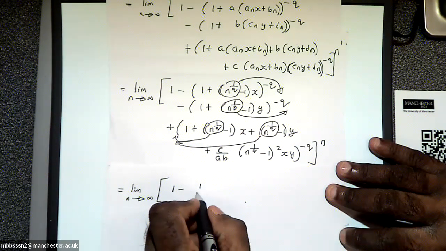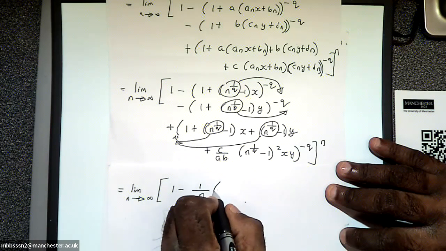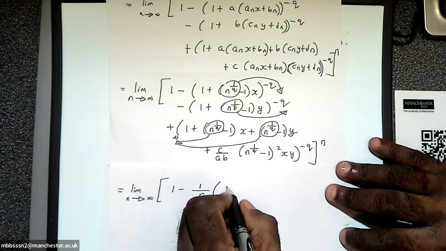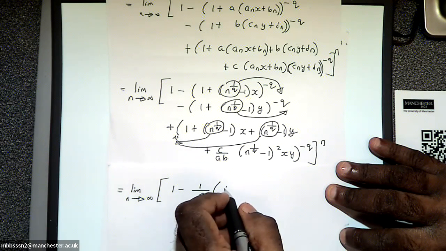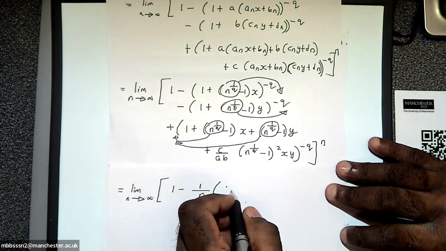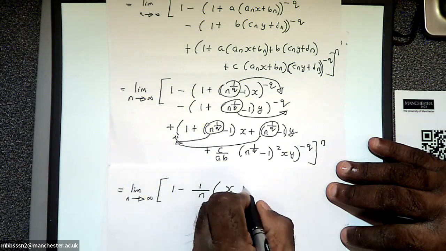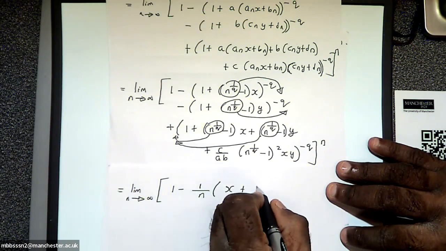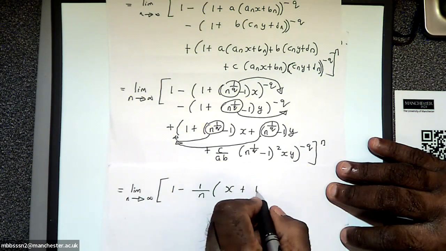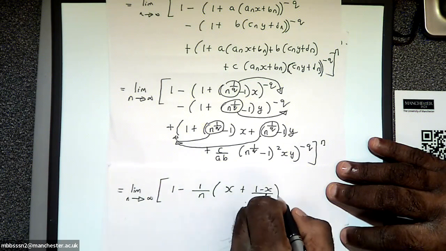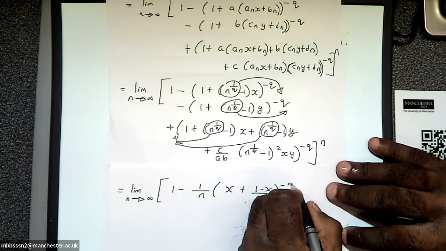It will become 1 over n times x, I think, x plus 1 minus x divided by this, to the power minus q.